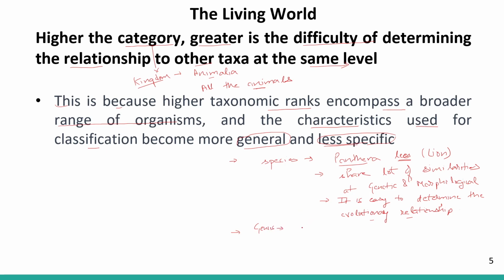Alright, so again we are taking the example of Panthera. Genus Panthera not only includes Leo, it also includes some other organisms, some other big cats. So lions are also big cats. Panthera leo is lion, and it also includes Panthera tigris, which is tiger.